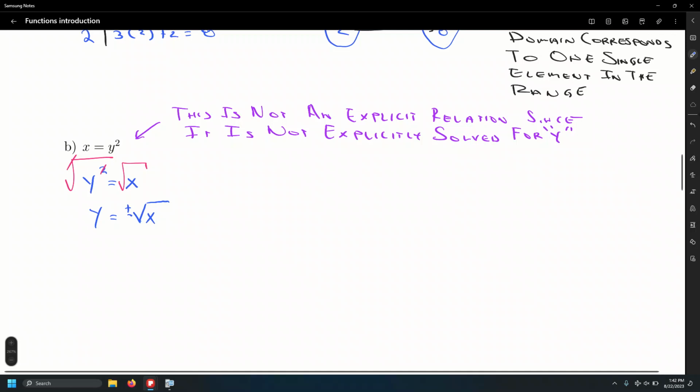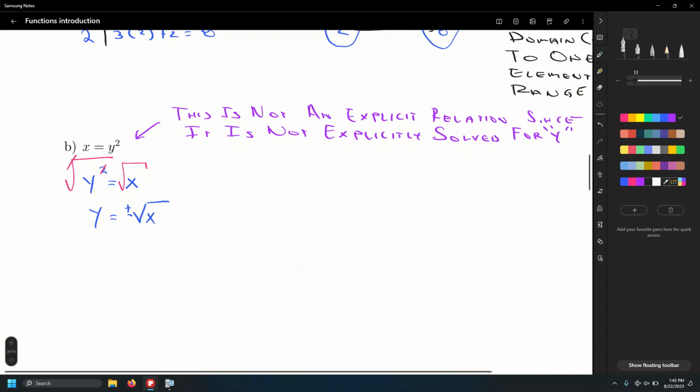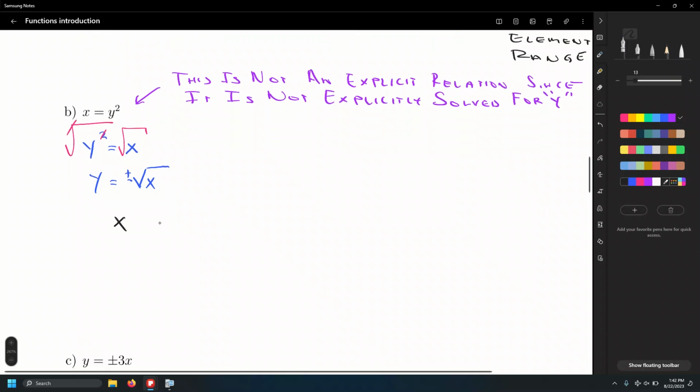So here, I'm going to make another table of values, x and y. And you can plug in your favorite number if you want. However, think of numbers that have an exact square root, like perfect squares, right? How about 4, 9, 25?